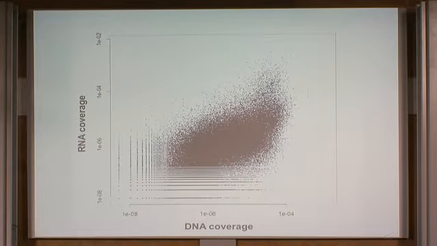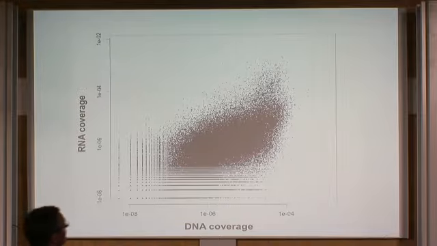After we have the assembly, we run a gene prediction tool, and now we are looking at genes here. So each data point here is a gene. And we are plotting the DNA coverage of a gene against the RNA coverage of a gene. So we map the DNA reads back, and we map the RNA reads back, and now we compare the coverage, right?